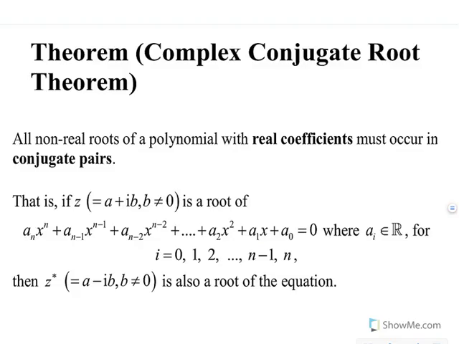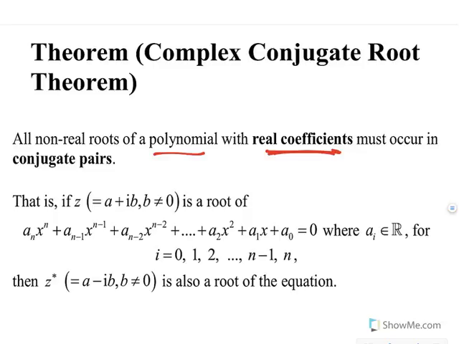Next one, the complex conjugate theorem. This will tell you that all non-real roots of a polynomial with real coefficients must occur in conjugate pairs. What does it mean?